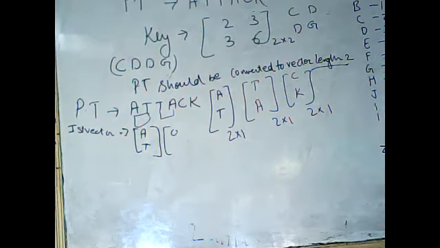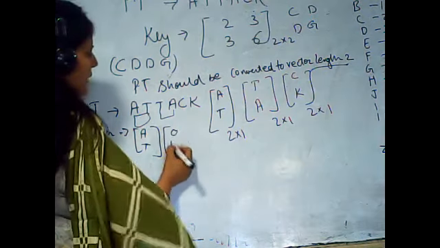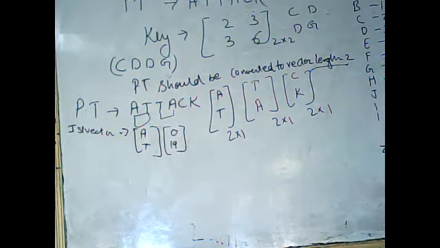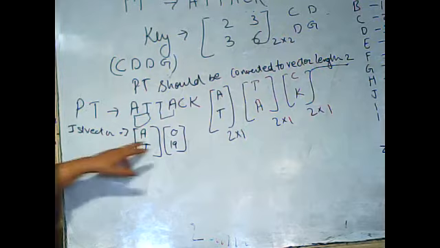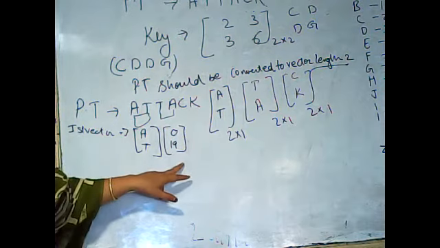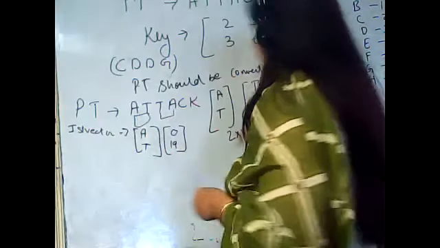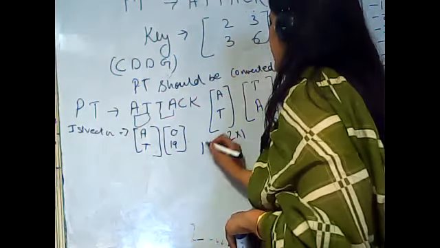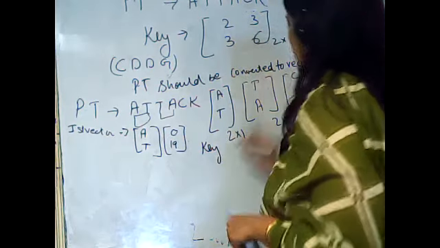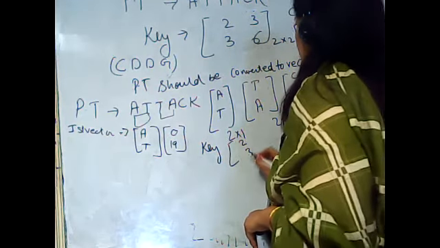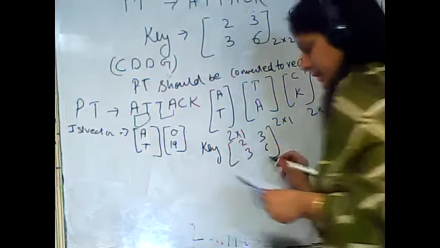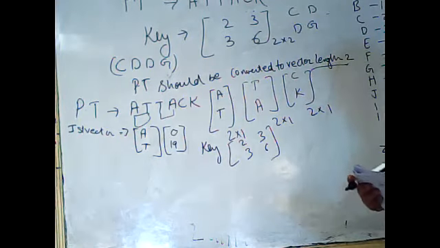That is 0. And the value of T is 19. So the vector is 0 and 19. And what key are we having? That is 2, 3 and 3, 6.